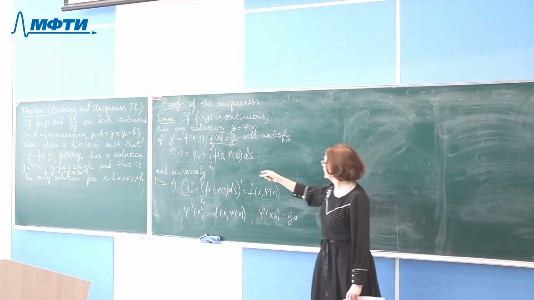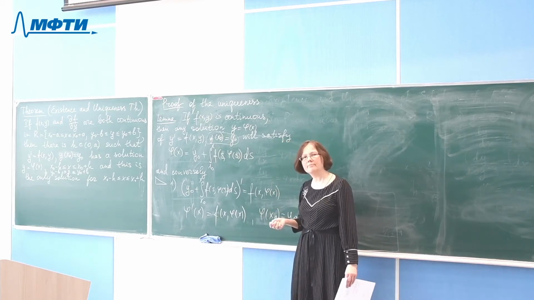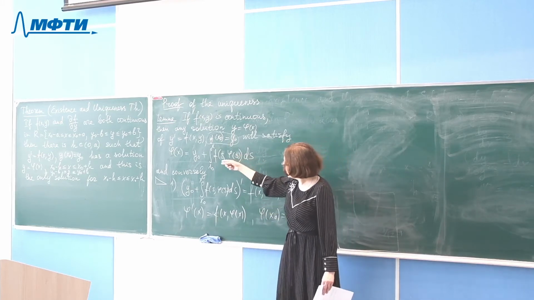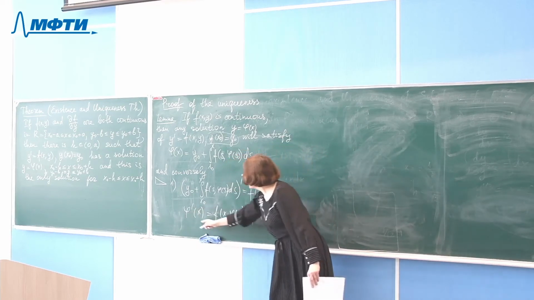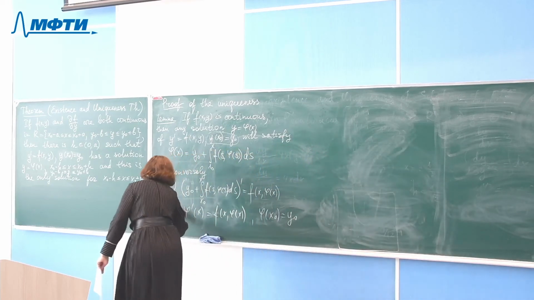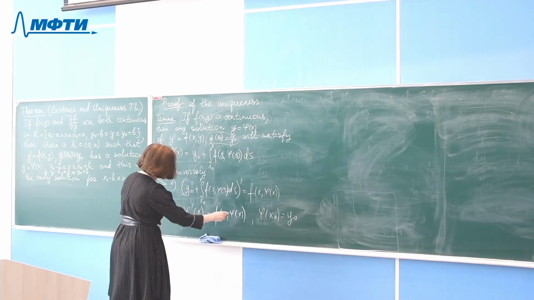Conversely, if phi of x satisfies this integral equation, then if we differentiate both parts, we will get this equality, phi prime of x equals f of x and phi of x.